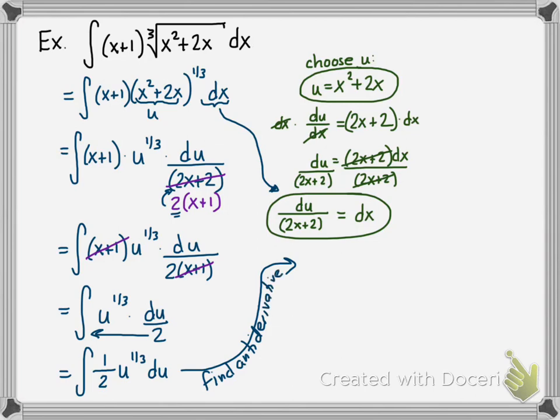To find that antiderivative, I'm going to add 1 to the power, so I have u to the 4/3, and then I'm going to divide the number in front, that's the 1/2, by the new power of 4/3. So I have 1/2 over 4/3, u to the 4/3, plus c. And you should double check in your calculator that when you take 1/2 divided by 4/3, what you get is 3/8.